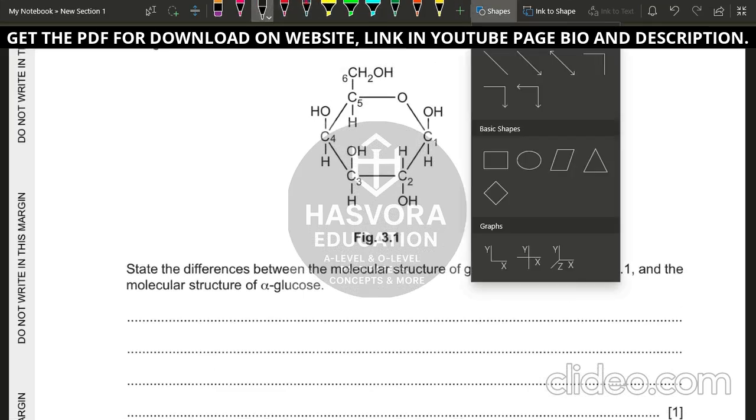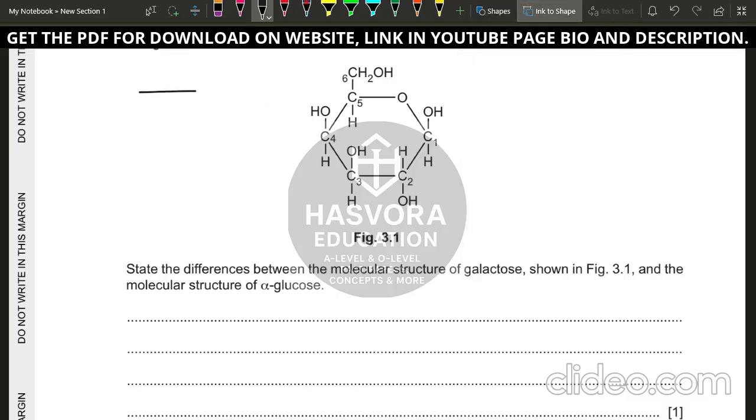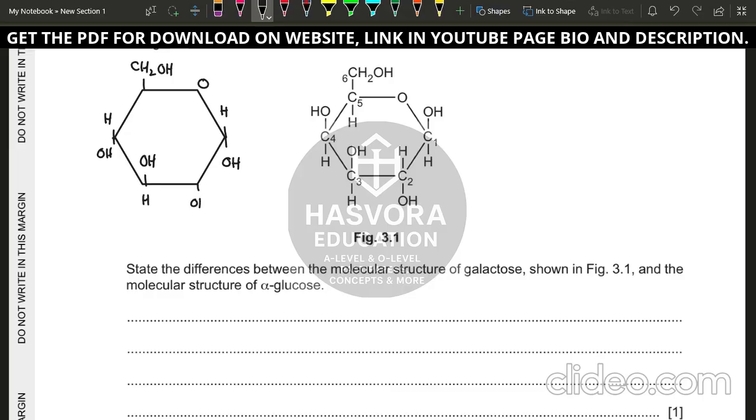We have the oxygen here, then the CH2OH, then the OH pointing downwards because this is alpha glucose, and we have H here, then OH and H, and then again OH and H.